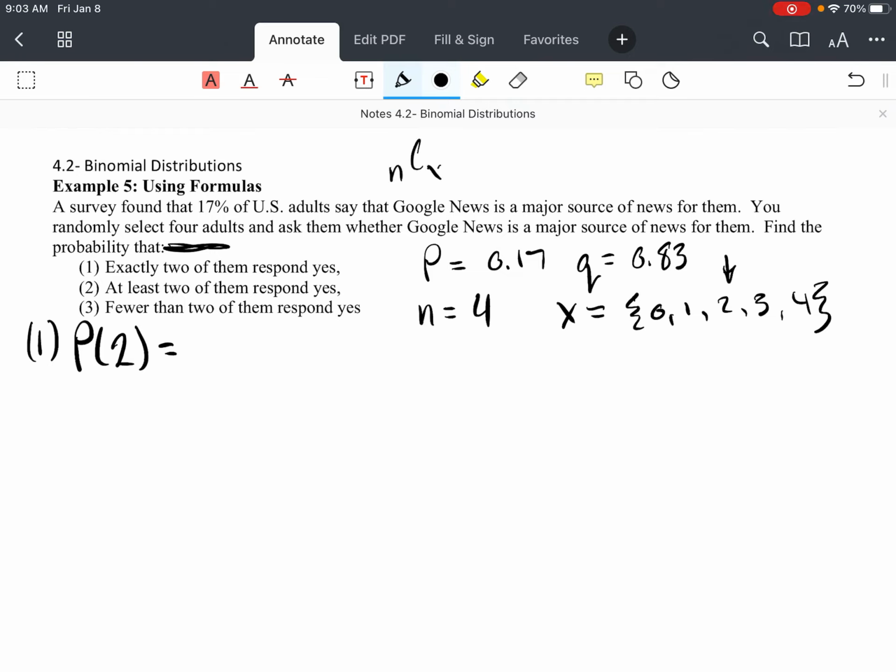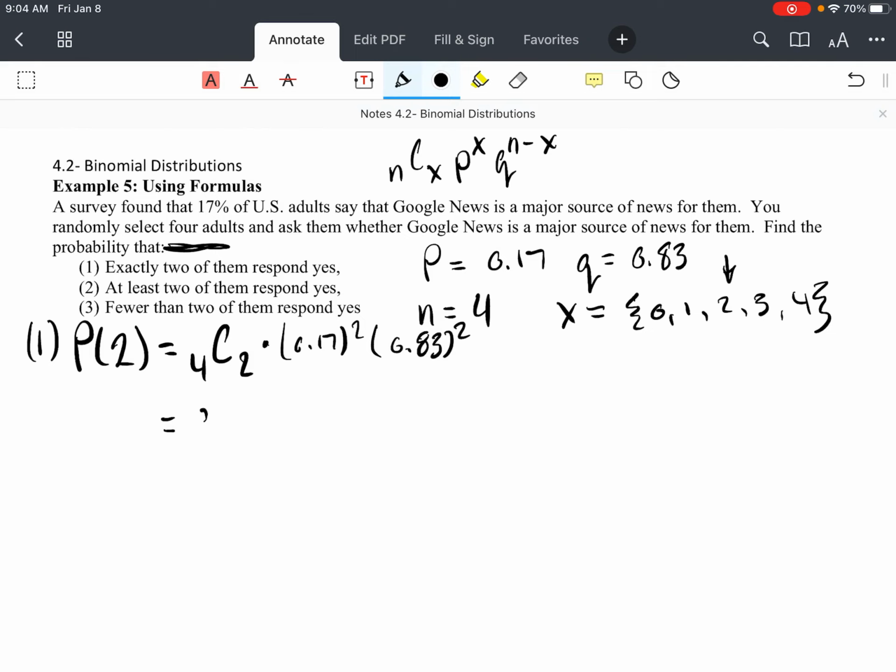Okay. So using that equation, so remember it's nCx, p to the x power, q to the n minus x power. Okay. All right. So this would be 4C2 times 0.17 raised to the second power times 0.83 raised to the second power.